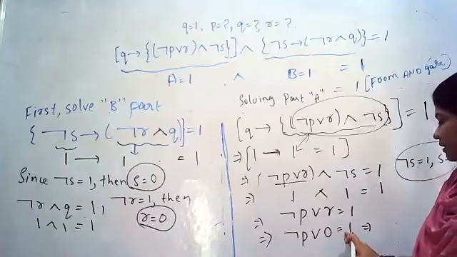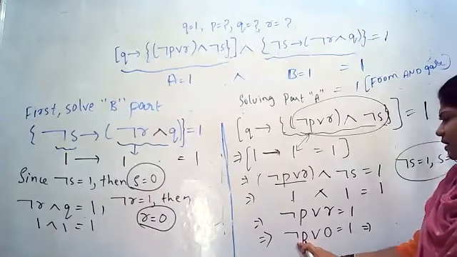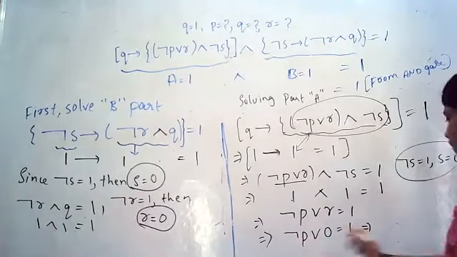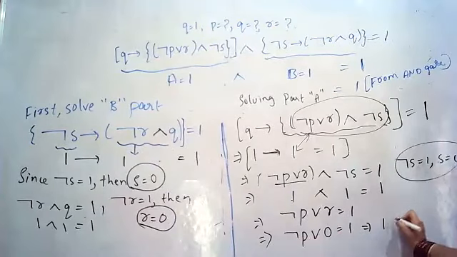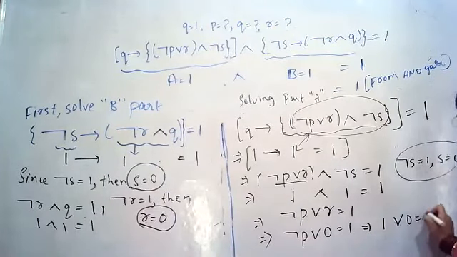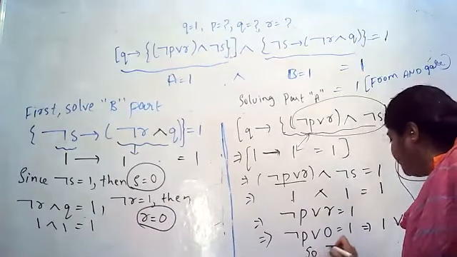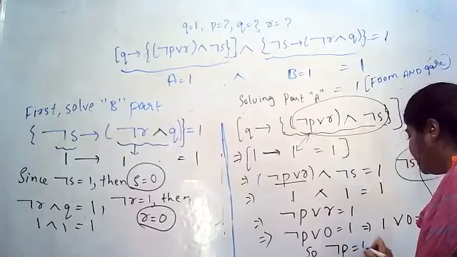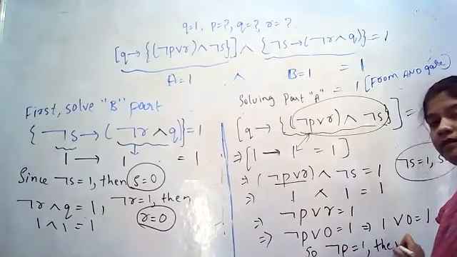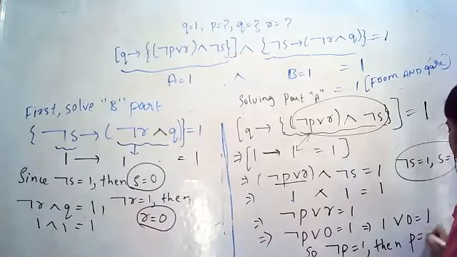When will it be 1? When negation P is 1, then I will get definitely 1. So, negation P is 1. Then what will be P? Then P is equal to 0.